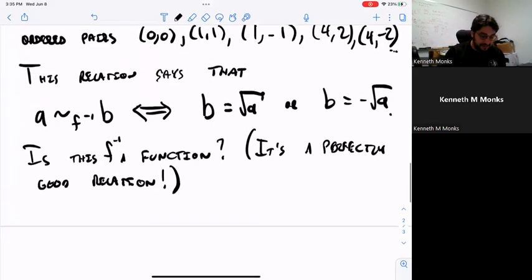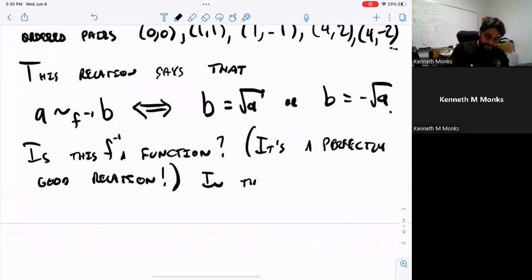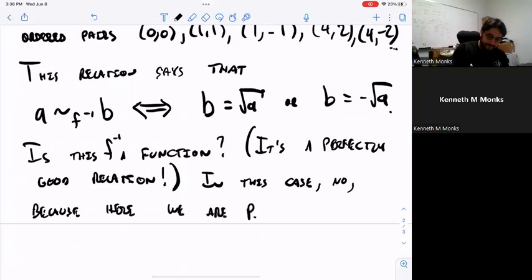Well, in this case, no. Because here we are pairing each input with two outputs.